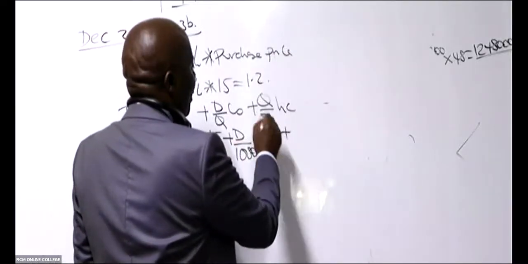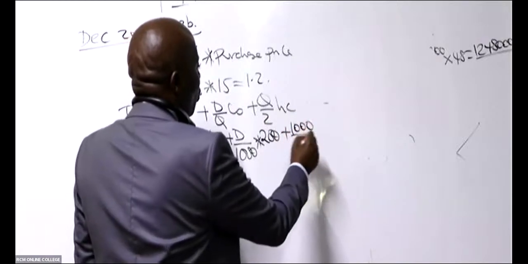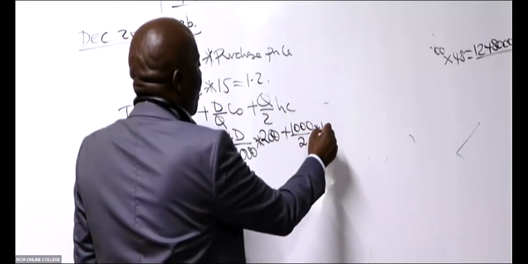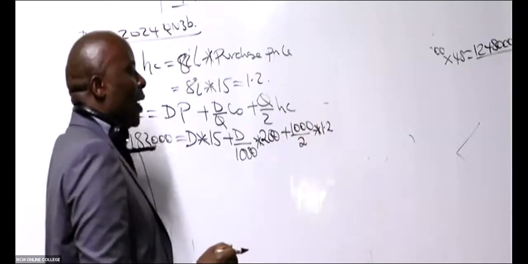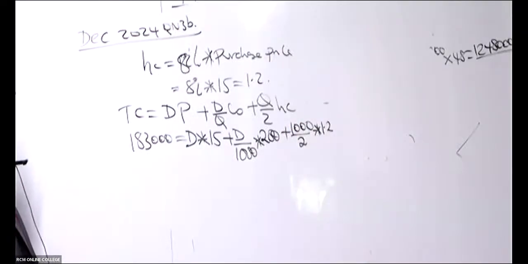Plus the Q, which is 1,000, over 2 times the holding cost, which you gave me as 1.2.